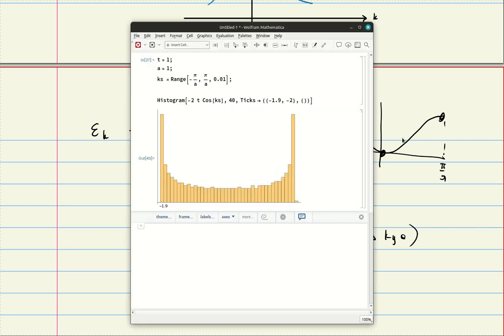So let's also do exactly the same thing in 2D. First, let me draw the band for you, how it looks.